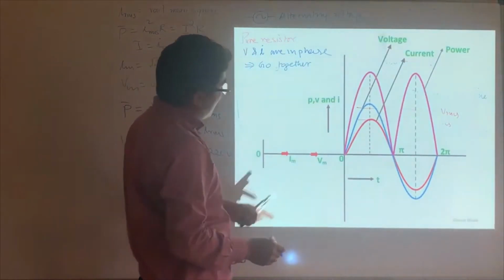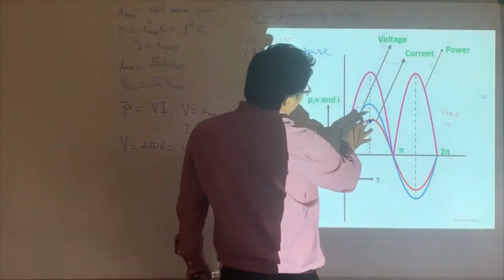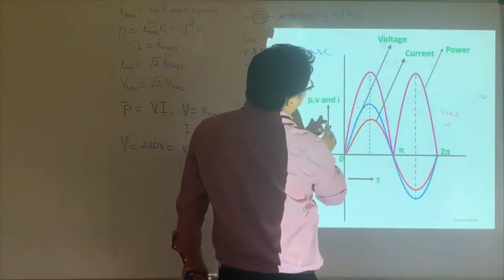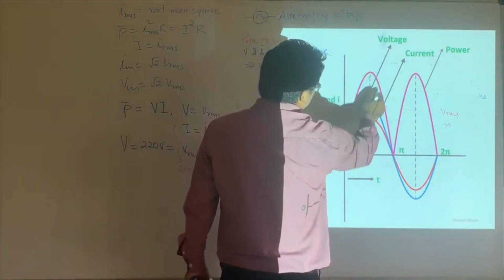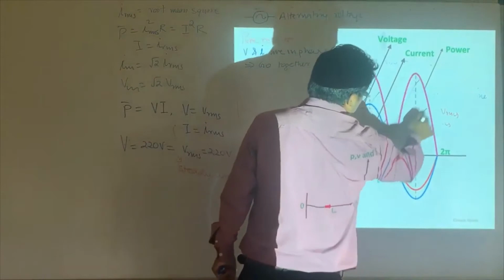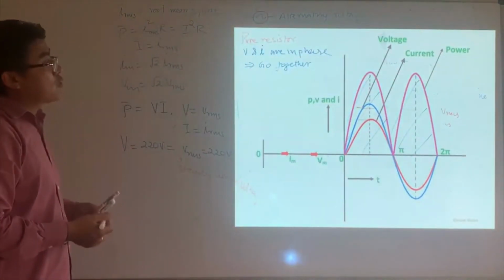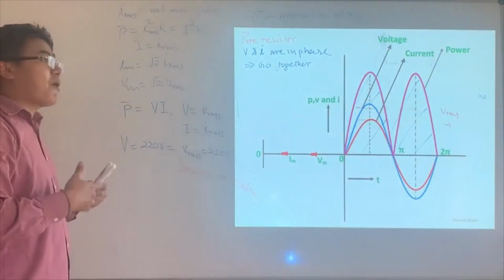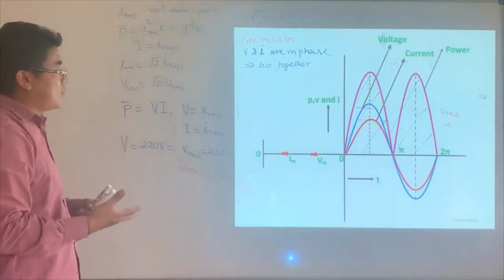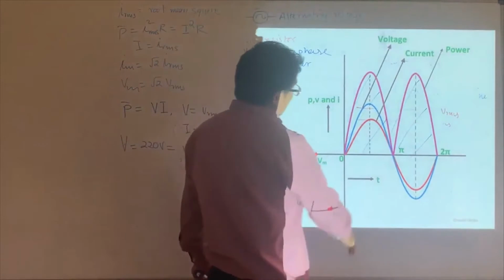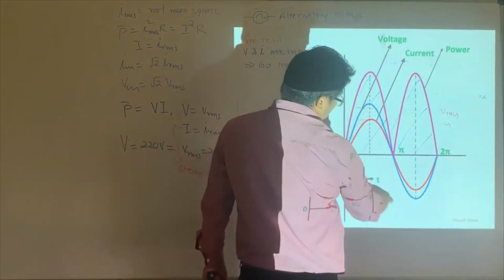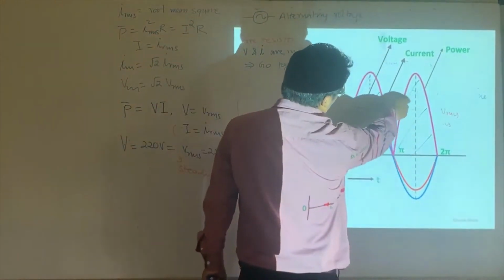Alright, this is what we have. So therefore, this is the power, right? So there is an average power. So we talk about average power dissipation in a cycle. This is a very important diagram, right? Positive into positive is positive, negative into negative is positive.